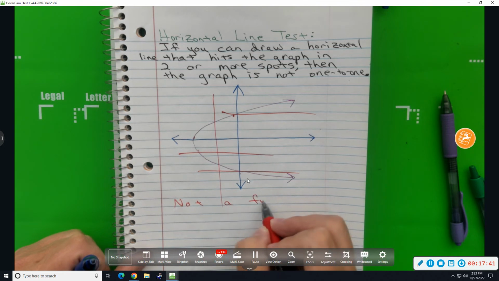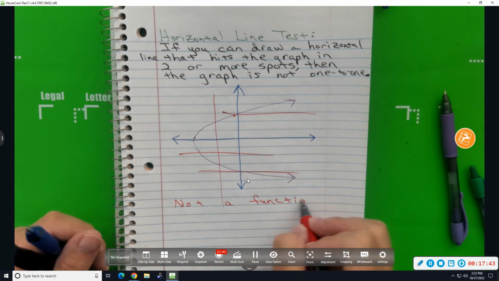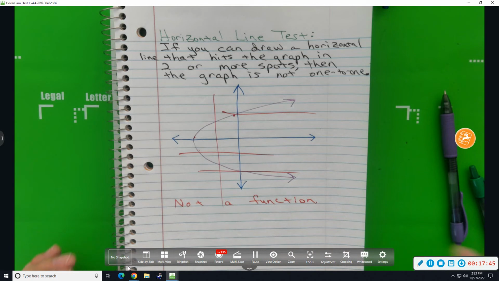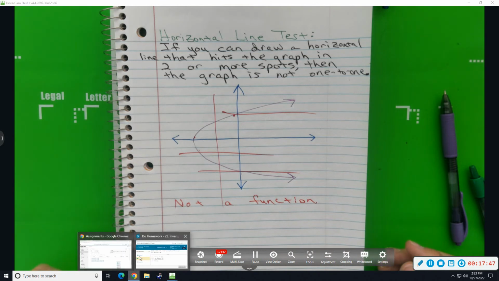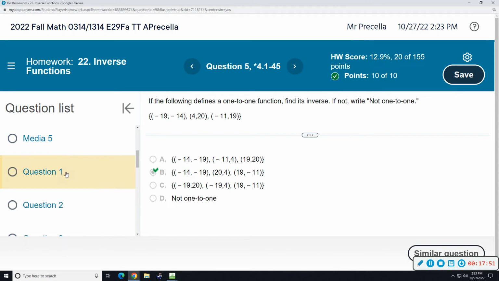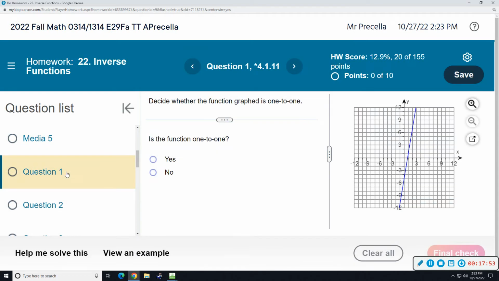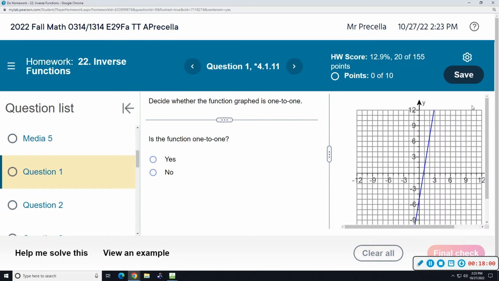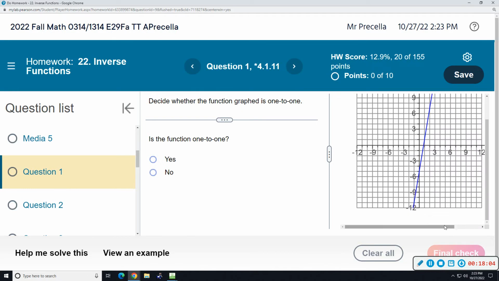Don't bother writing that down. Let's look at the examples in the homework. Number 1. Can you blow up the graph? Yes, it is 1-to-1.